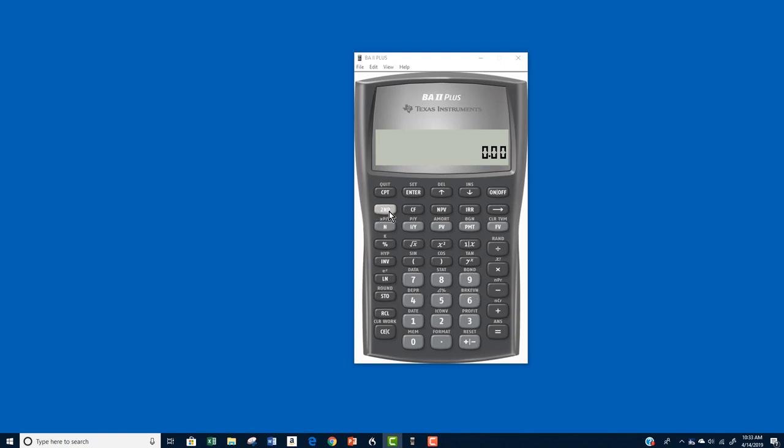So if you want to activate any of these characters below the buttons, you're going to click second to do that. And when you do this, you'll see in the screen that second shows up. So anytime hitting this second button is going to cause these other functions to take precedence.